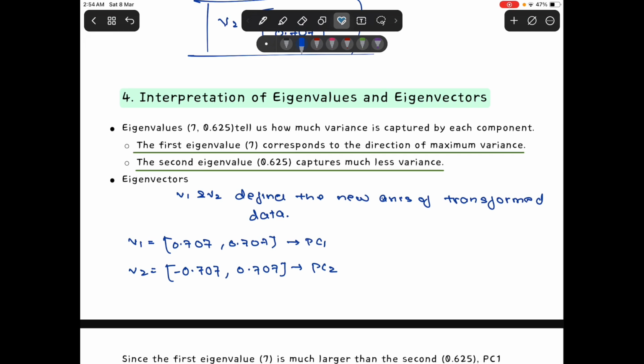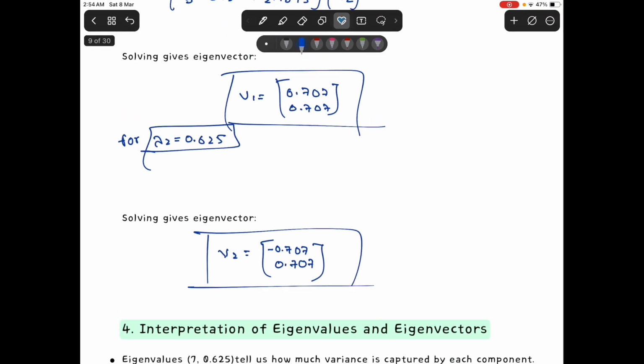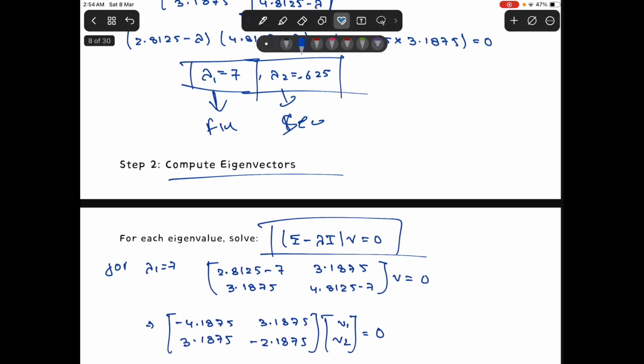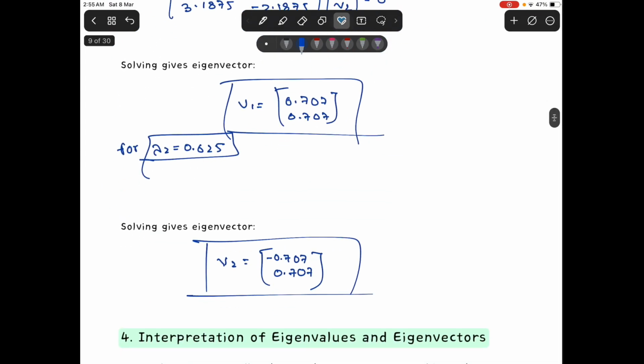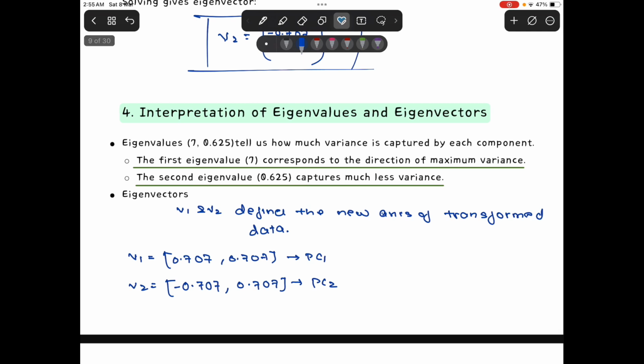So what is the interpretation of eigenvalues and eigenvectors? The eigenvalue is 7 point something. I have already told you that eigenvalues tell us how much variance is captured by each component.